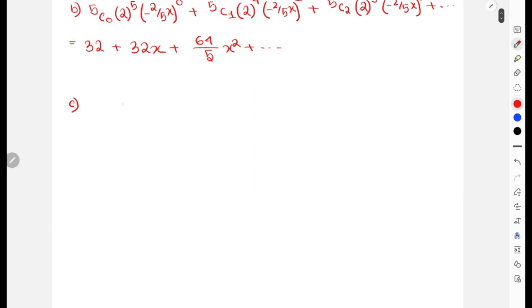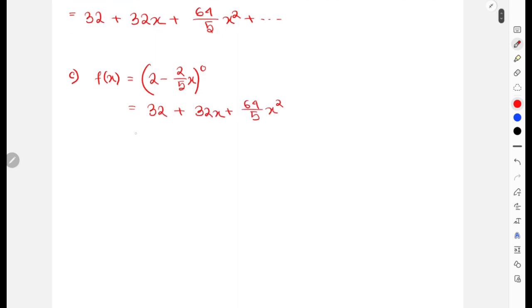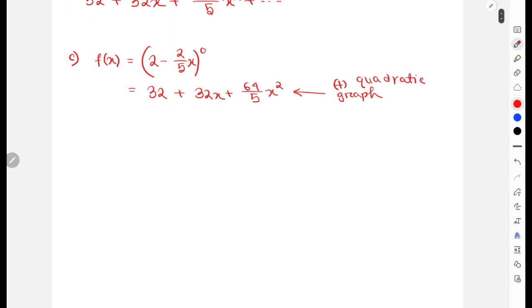Now for part C, the expression, which was originally written as 2 minus 2 over 5 x to the power of 5, will be broken down into 32 plus 32x plus 64 over 5 x square, which can be rearranged and written as a quadratic equation, right? We can clearly see this is a quadratic equation. So if you want to find out the gradient, this is clearly indicating that this is an equation for a positive quadratic graph, right? So I can find out its gradient by differentiating the formula.